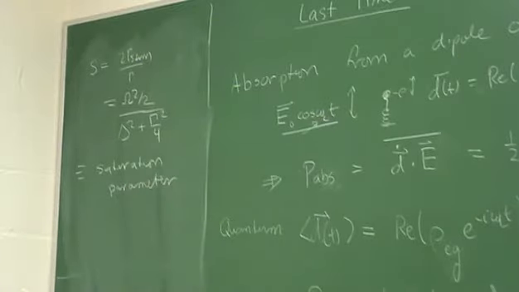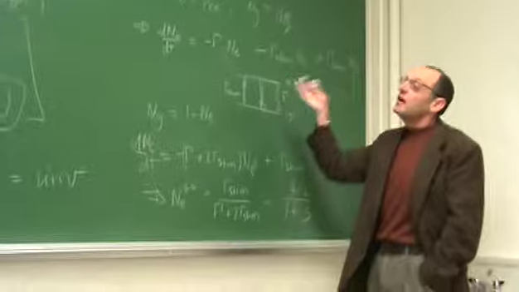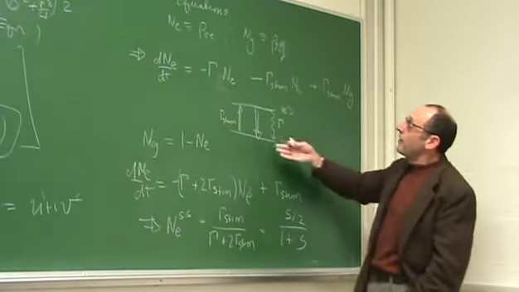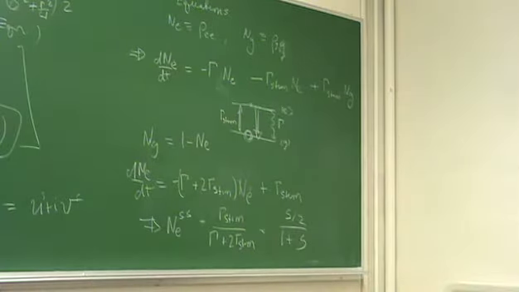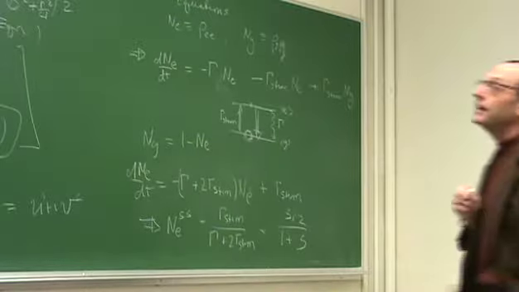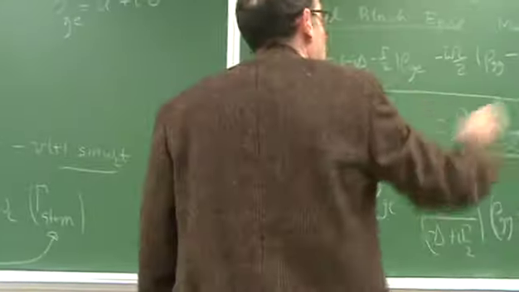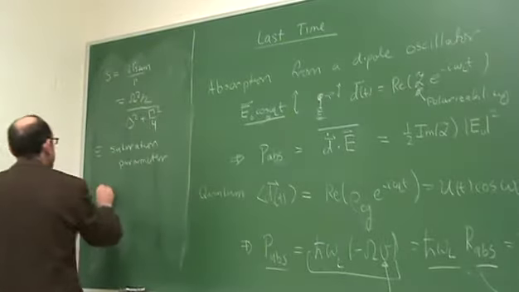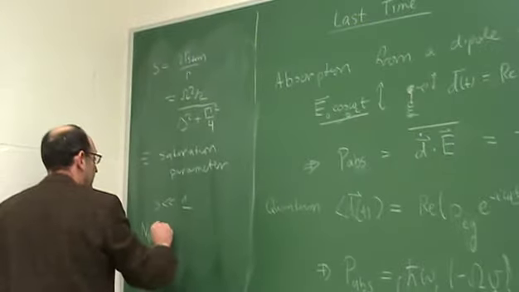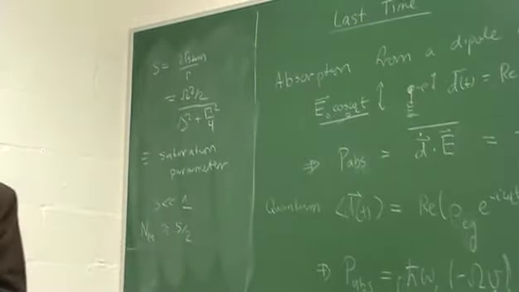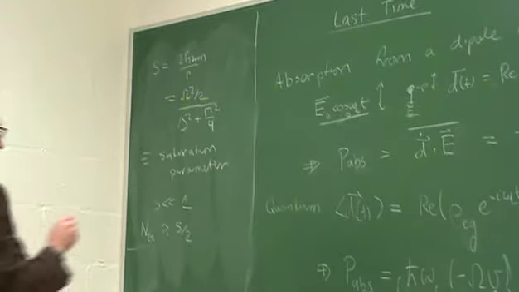So the saturation parameter is a very important parameter in thinking about absorption and emission of light by atoms, because it tells us, in some sense, how strongly we are driving the system. The amount of population that I drive into the excited state, if I start in the ground state, depends on the saturation parameter. When the saturation parameter is small compared to 1, then the population in the excited state is approximately the saturation parameter over 2, which is much, much less than 1.